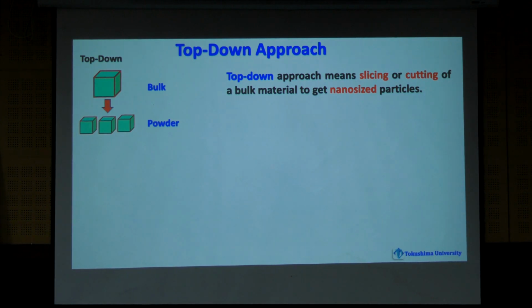Maybe you crush it, you give some kind of mechanical force, or you grind it, or you use a certain kind of treatment so that this bigger particle can become smaller. So it can be converted into particles. Again, the particle can be crushed or given a certain kind of treatment. That treatment might convert this powder-size particle into small nanoparticles.